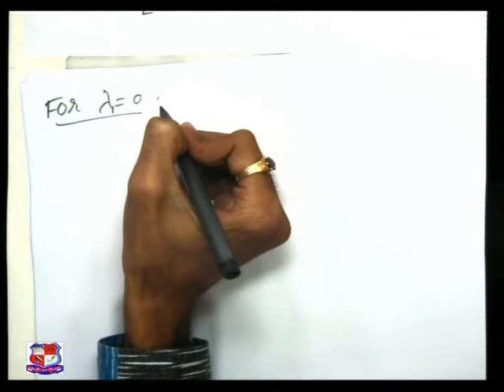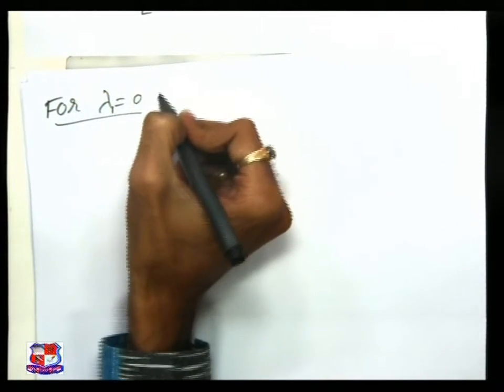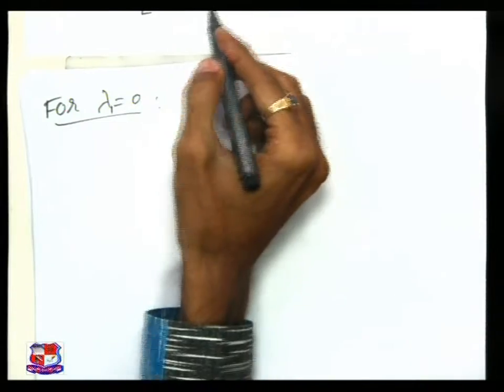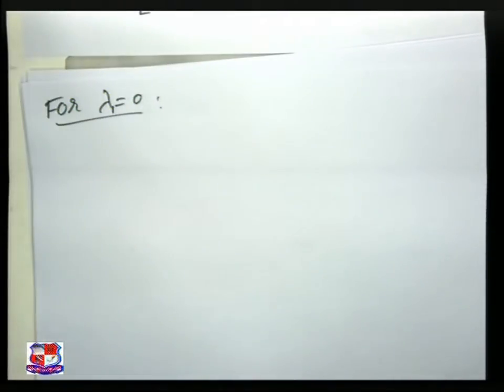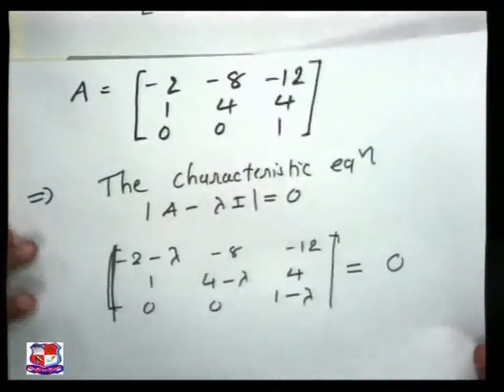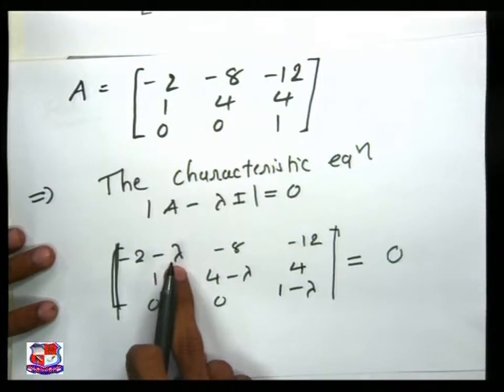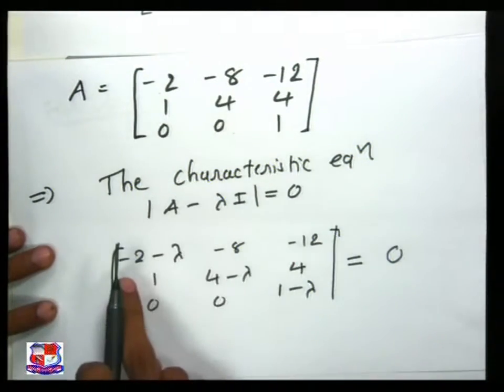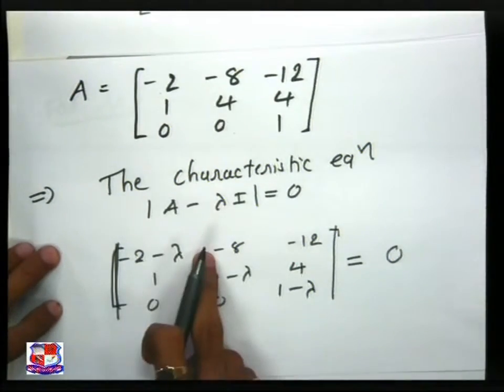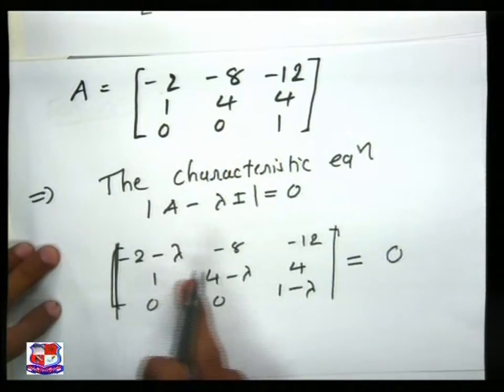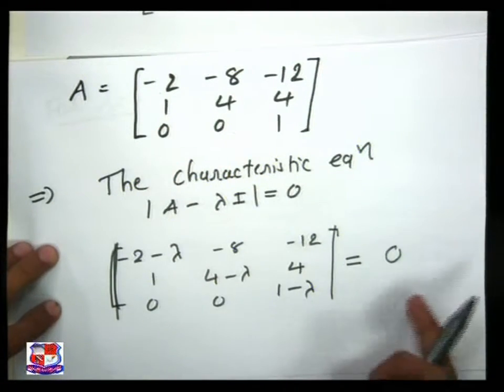For lambda is equal to 0, A minus lambda I we can find from the matrix we started with in the first part. This is the A minus lambda I. Now if lambda is equal to 0, then A minus lambda I is equal to minus 2, minus 8, minus 12, 1, 4, 4, 0, 0, 1.